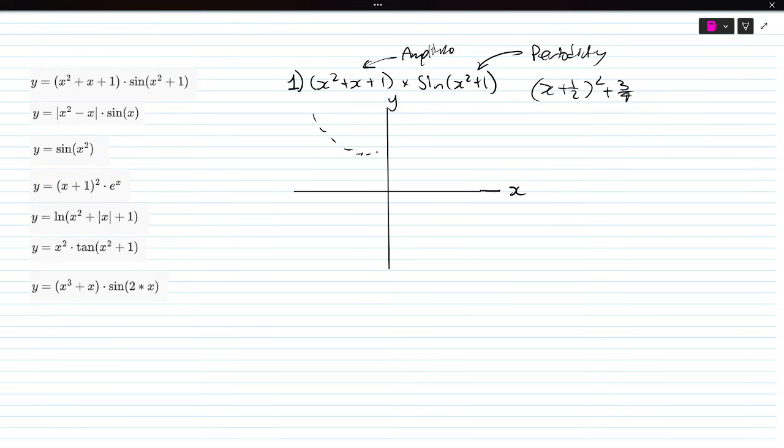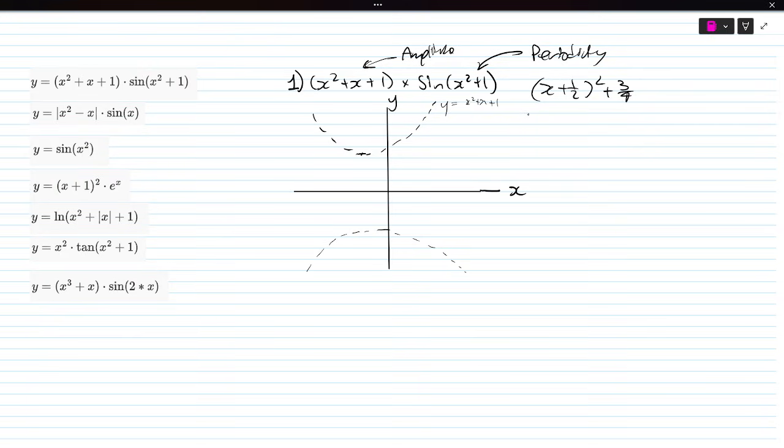So if I draw this, something like this, and y is equal to x squared plus x plus 1, I will also draw the negative part of this because this quadratic will act like an envelope to my sinusoidal graph.